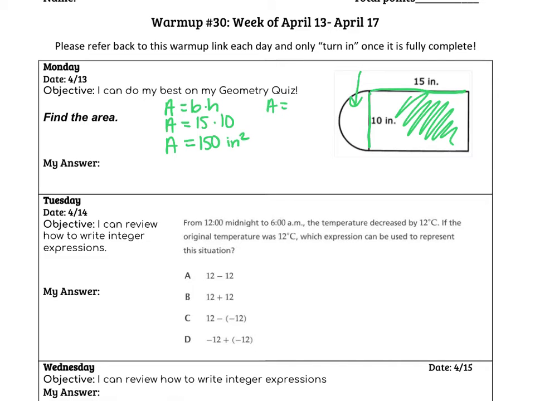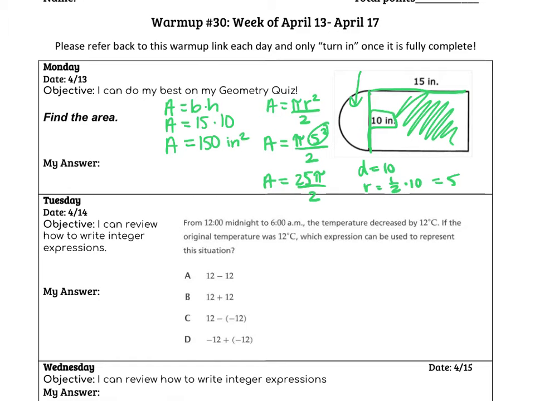And then the semicircle is where we're falling apart. Area for a semicircle is pi r squared divided by 2. The radius is not 10. The diameter is 10, but remember, if the diameter is 10, the radius is half of 10, which is 5. So plug in 5 squared divided by 2. 5 squared is 25. 25 pi ends up being like 78.5.